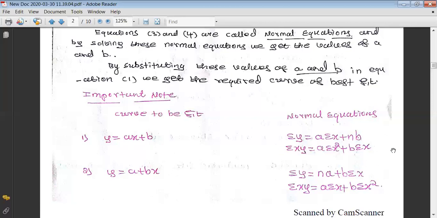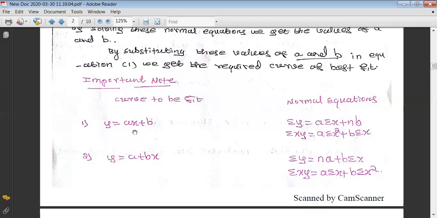In order to write the second equation, first realize which x is present in the equation of a straight line. With that x, we have to multiply on both sides. Here, small x is present. First, you multiply both sides by small x, then implement the summation on both sides. When we multiply by x, the LHS becomes x into y. Once we take the summation, it gives summation xy.